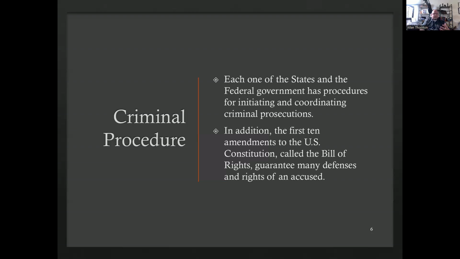Part of our criminal procedure and our protections within criminal procedure as either individual citizens or as businesses, which are treated as individuals in these cases, come from the first 10 amendments to the Constitution. That Bill of Rights, our protection from the government interfering in our lives, also gives us defenses and rights as an accused party.